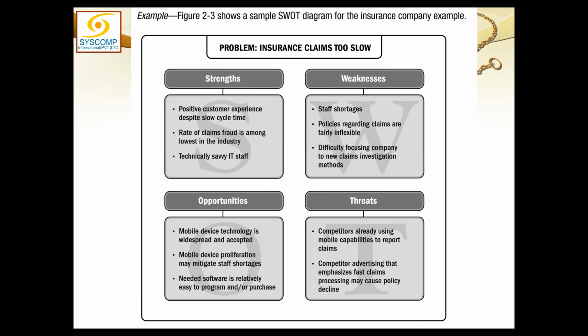So that opportunity should immediately be written down in the column of opportunities, and so on and so forth. When we are identifying each one of these items, that item may remind us of identifications in any of the other three areas. So that's how we keep getting it populated.